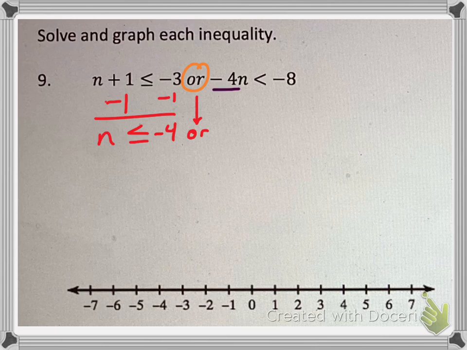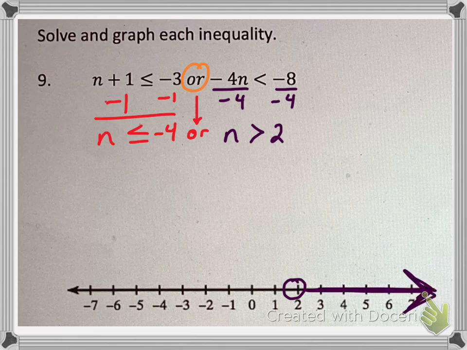Okay. I'm going to divide by -4. Divide by -4. And if you remember, when you divide by a negative, you must flip the inequality. So n is greater than 2. When I graph those, my arrows should go in opposite directions. Let's see. I'm going to circle my 2 just to keep my colors the same. N is greater, so I'm going to go greater than.